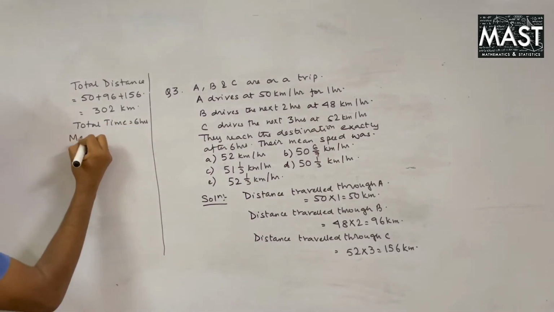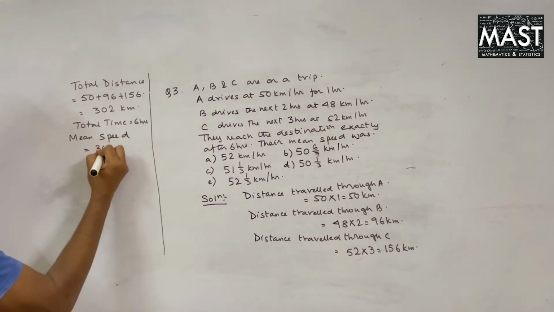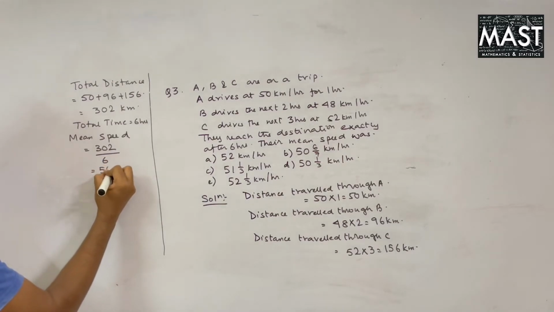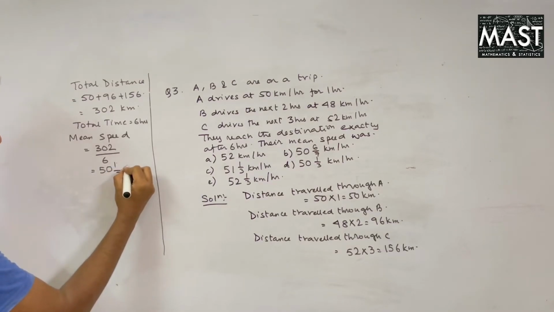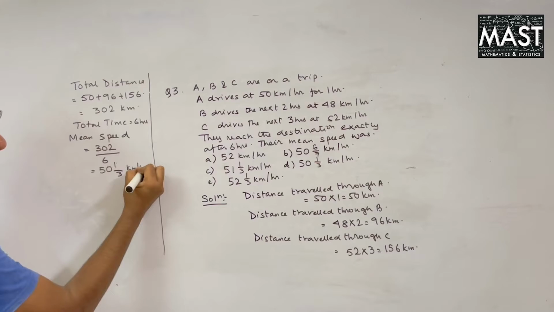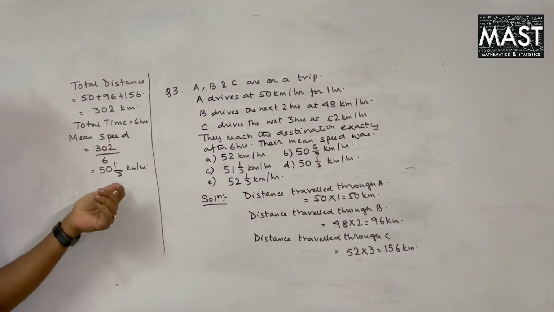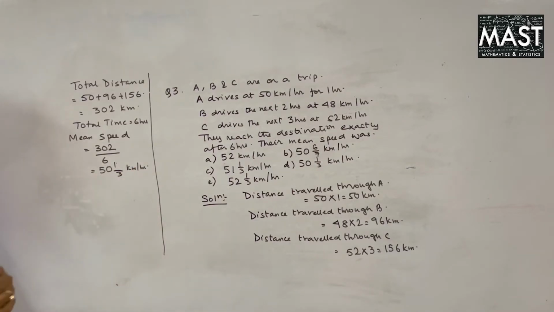So mean speed equals 302 by 6, which is 50 point or 151 by 3 kilometer per hour, which can be further simplified.